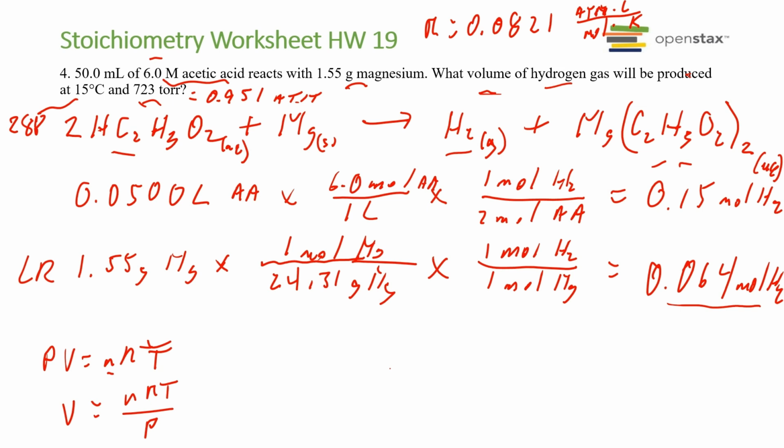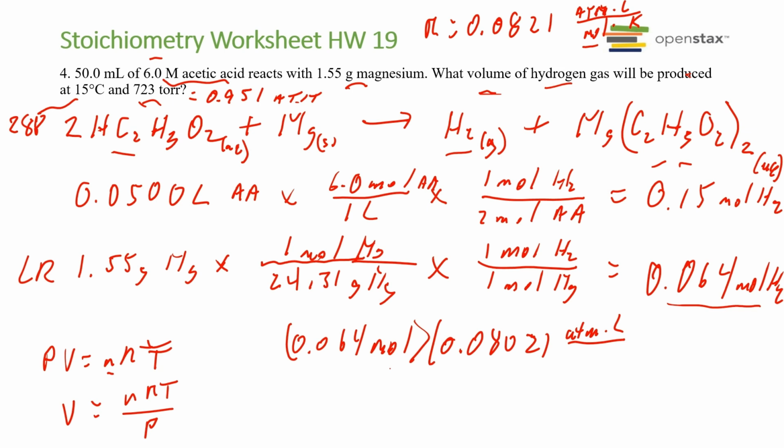So we have n is 0.064 moles. So we're good there. We've got the correct units. And we multiply that times our constant, 0.0821 atmosphere liters divided by moles Kelvin. And then our temperature, which we converted to Kelvin, is 288.